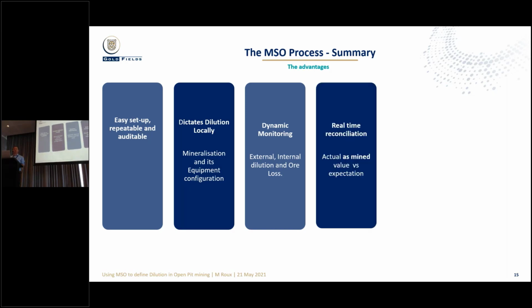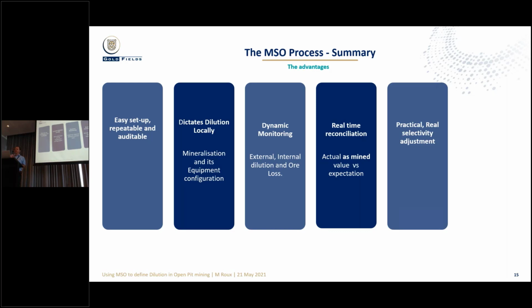There's also real-time reconciliation, which we do quite a lot to ensure that we get our parameters right. So if you've got your as-mines, for instance, you can actually take your as-mine and compare it against this diluted model and see just how close you are getting to how you believe you would be extracting, how you actually extract it, and if there are some adjustments in the parameters that need to be made. That's a practical and clear selectivity adjustment.